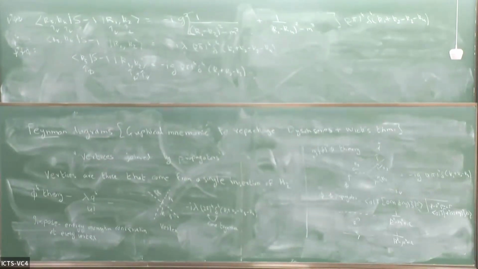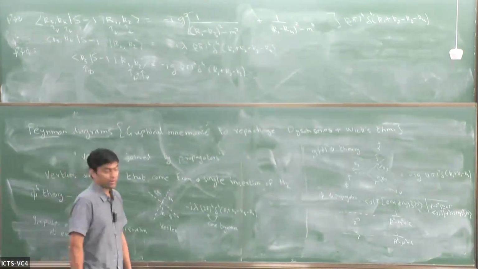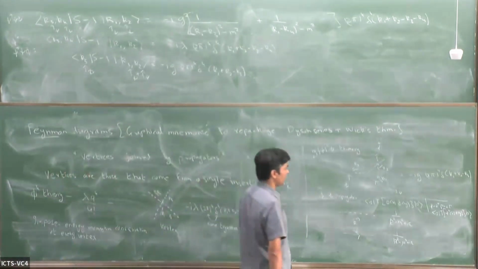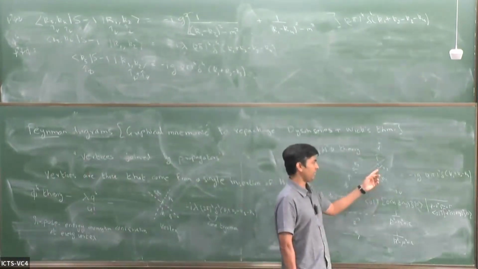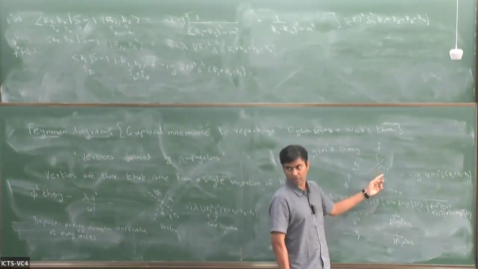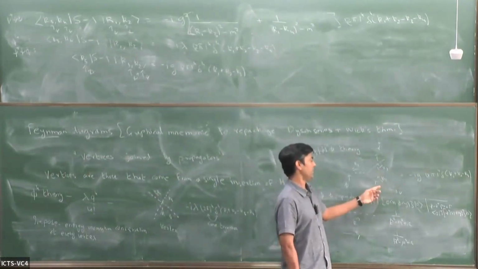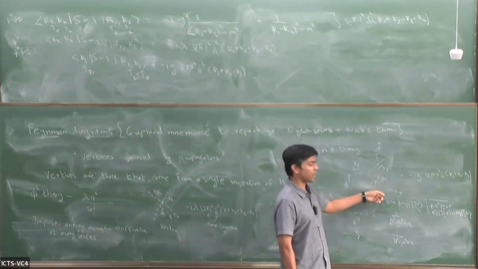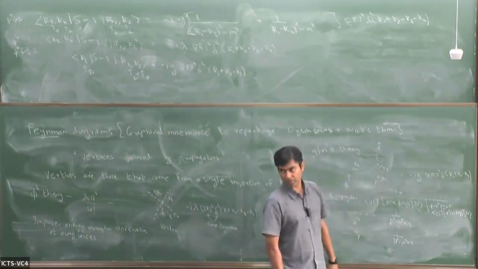The arrows on the line. You see, there are two kinds of particles, right? One is a psi and one is a psi dagger. So the arrows on the lines we are using to differentiate which is a psi and which is a psi dagger. So you can assign a psi particle here and a psi dagger particle here.